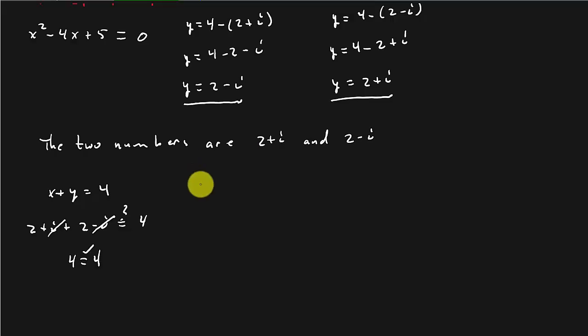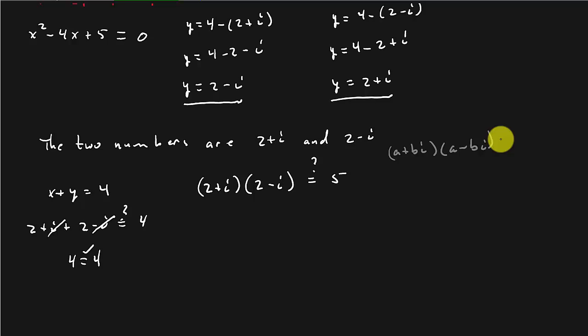And then we can check by multiplying x times y. So if we plug the 2 plus i in for x and the 2 minus i in for y, we want to check, does that equal 5? Well, remember, if you have a plus bi times a minus bi, that is equal to a squared plus b squared.